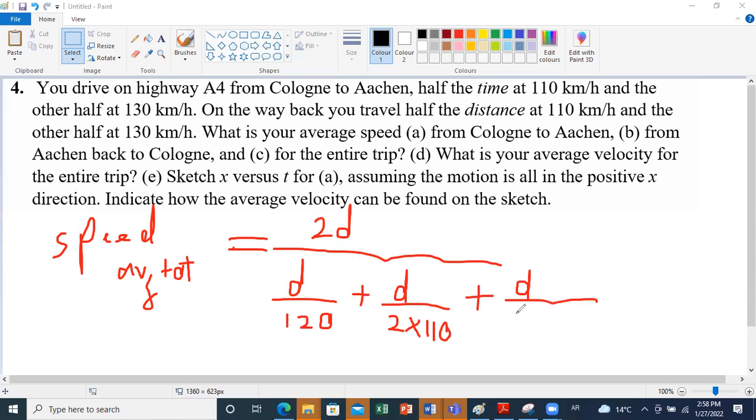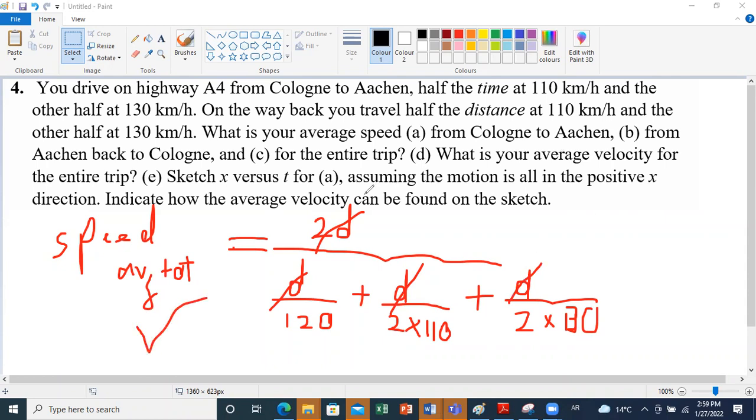And if you simplify d from your equation, you will get the total average speed. It will show you that it is different from 130, 120 sorry. It doesn't come out as the plain average because it's not the same time. Okay, so simplifying d and doing your calculation, you can get the speed for the total path of motion.